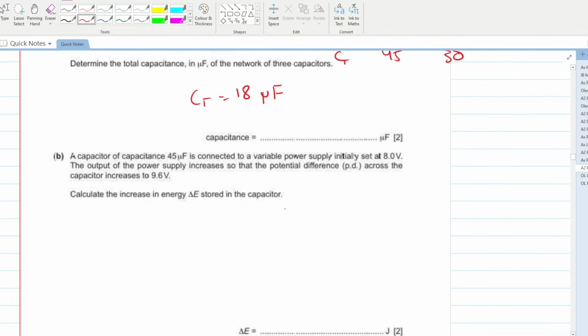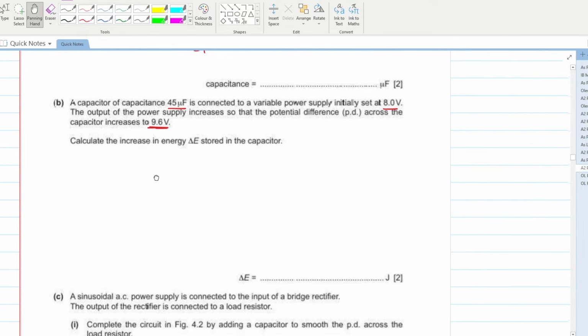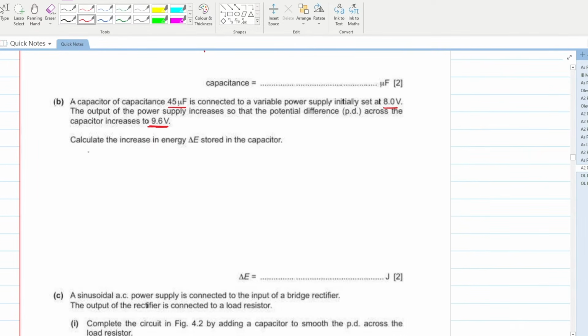A capacitor of capacitance 45 microfarad is connected to a variable power supply initially set at 8 volts. The output of the power supply increases so that the potential difference across the capacitor increases to this value. Calculate the increase in energy stored in the capacitor. We have to calculate the change in energy. Change in energy is equal to 1 upon 2 C times the change in voltage squared.